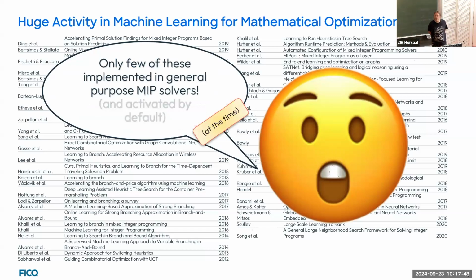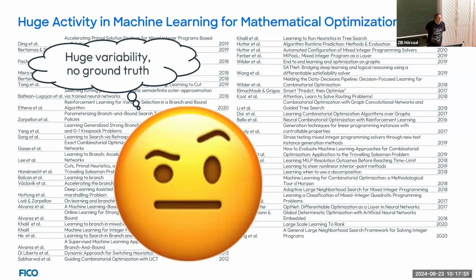And you might wonder why. I mean, such a huge literature, what's going on here? There are a couple of reasons. One that really gets in your way is the huge variability. Even though we've spoken a lot about computational MIP solvers, we haven't really spoken about performance variability yet.